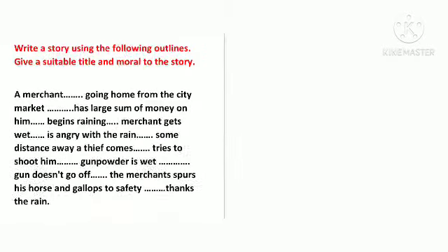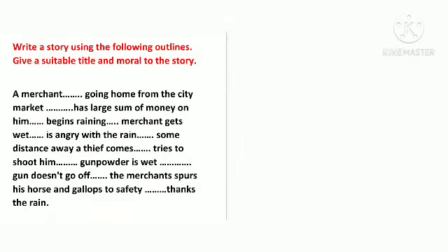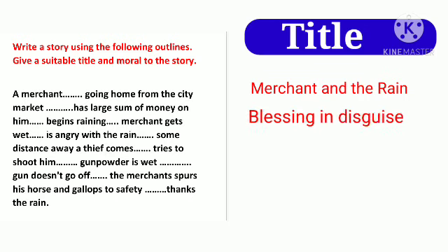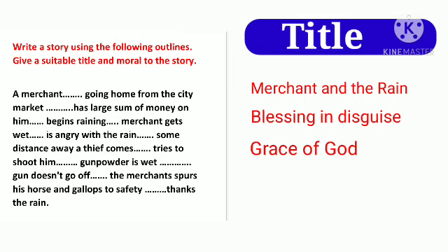As you read the outline, I hope you have a fair idea about this story. So, can you think about the title? What can be the title? It can be Merchant and the Rain. It can be Blessing in Disguise. It can be Grace of God, or it can be The Merchant and the Robber.